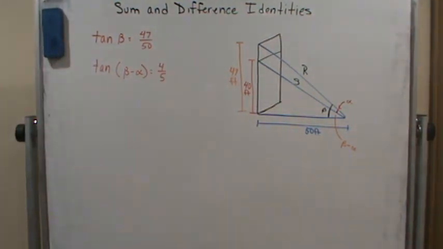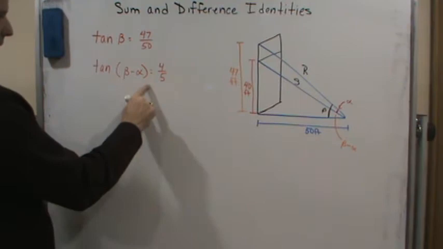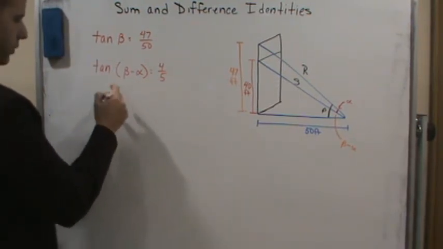Okay? Now we can use the identity for this one. So we could use the tangent formula.